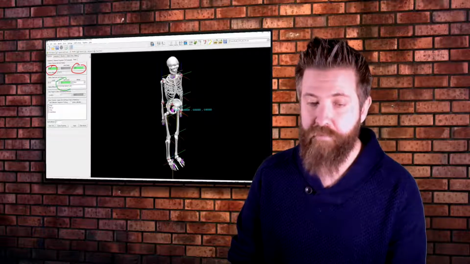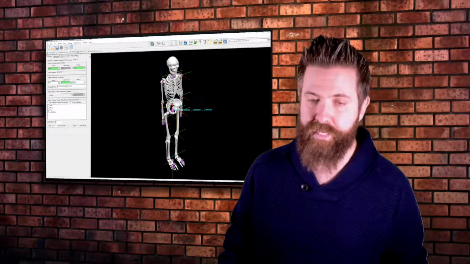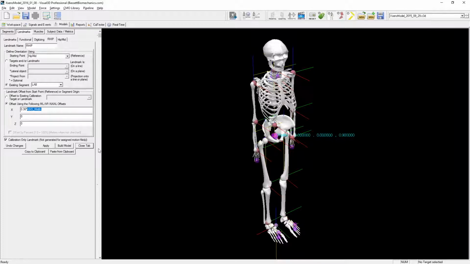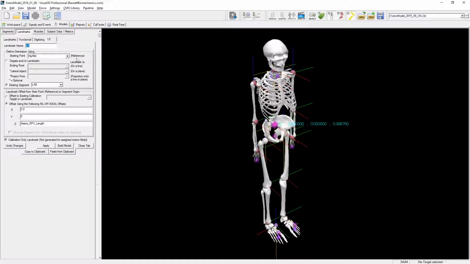Similarly, L5 is a landmark, which is also defined within Visual3D. We're going to go ahead and close the tabs. So close tab, and hip mid, close tab. See L5 right here? If we double click on that, it also starts from hip mid. But this time, it's defined as going in the Z direction.